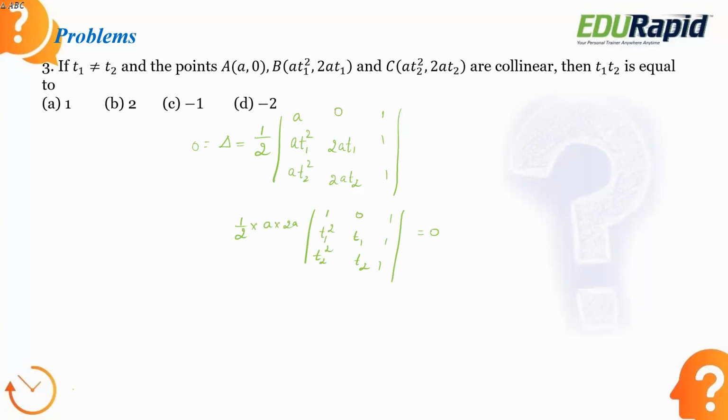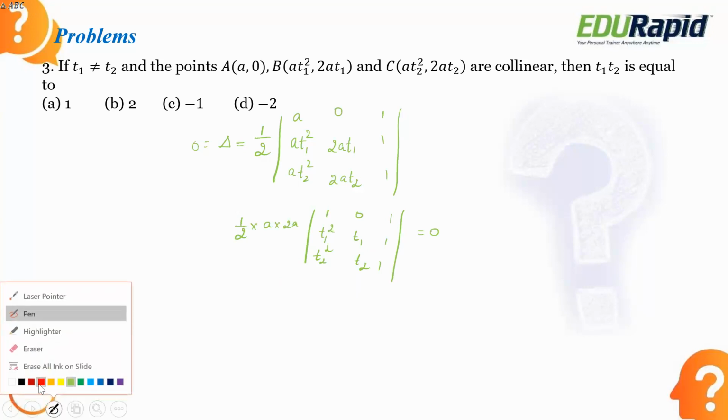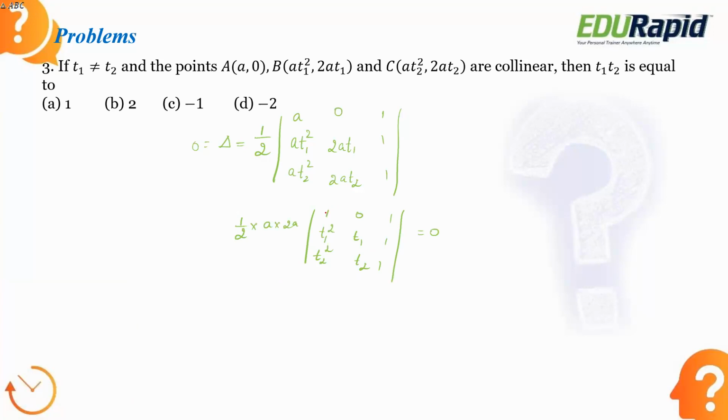I can consider the operation here. If I take 1, T1 minus T2, and then next it's 0, so minus 0 plus T1 square T2 minus T2 square T1 is equal to 0.